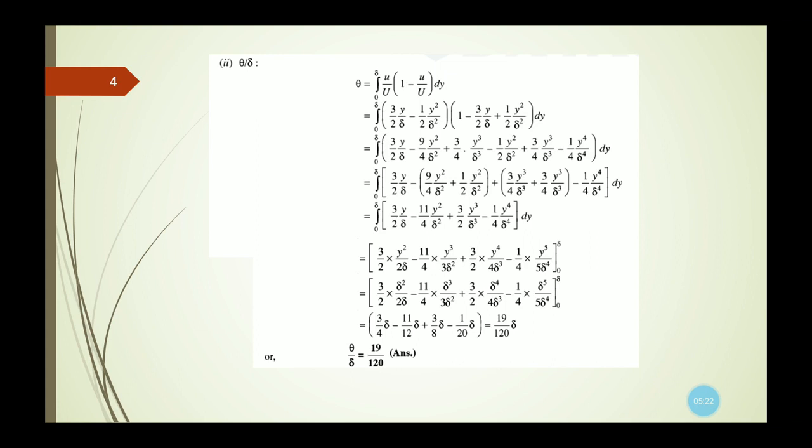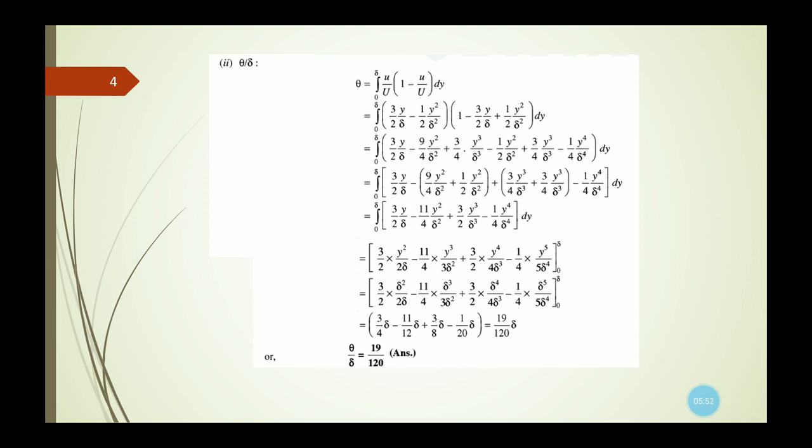Here, instead of small u by capital U, we write the equation for the velocity profile given, that is 3y by 2 delta minus y square by 2 delta square. Now if we put this relation of the velocity profile, then after doing the integration and putting the limits, after several steps, we get the value of the momentum thickness as 19 delta by 120.